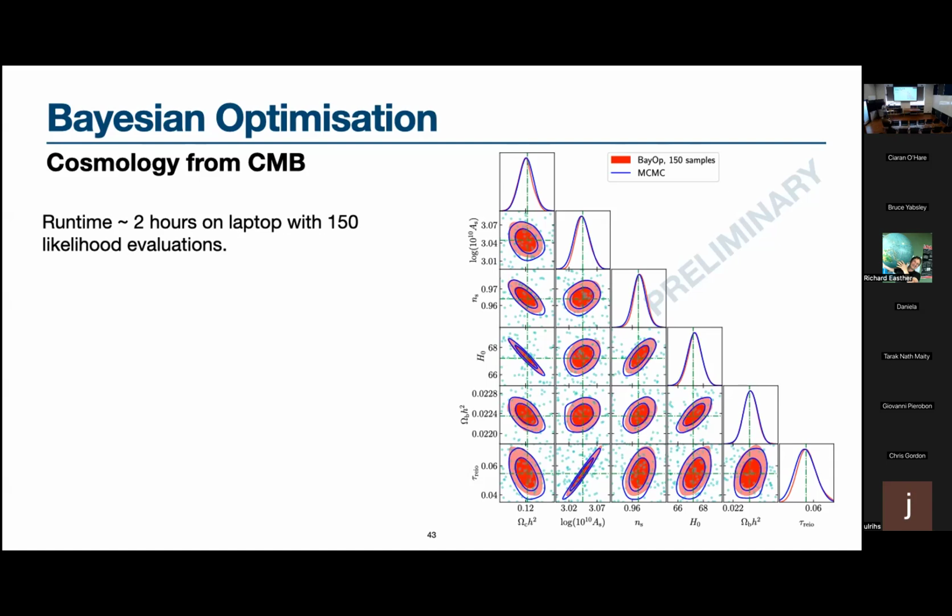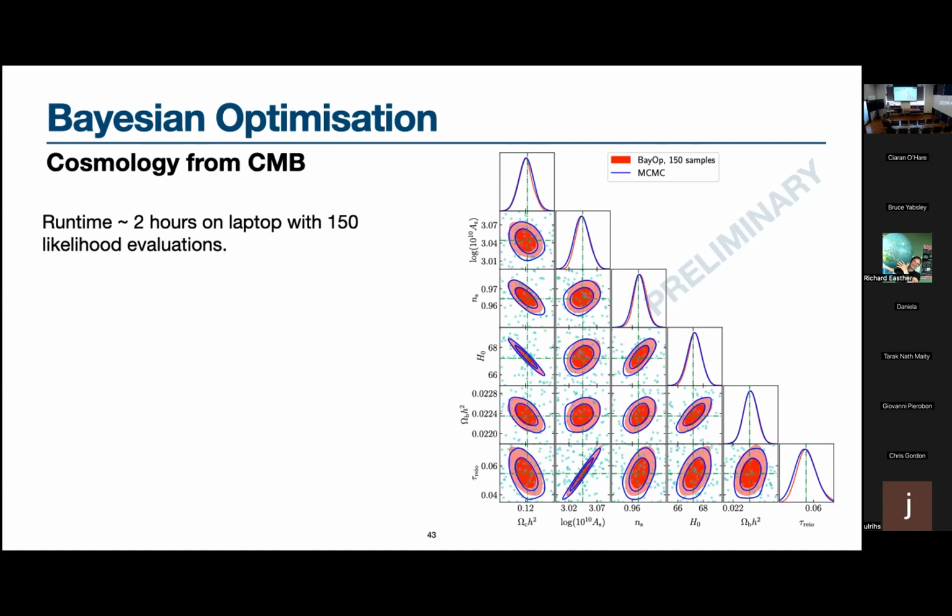And this run, which I did just this week, took about 2 hours on my laptop with about 150 likelihood evaluations. In fact, if you just wanted to get the parameter posteriors, you wouldn't even need to do 150 evaluations. You could easily get away with 100 or 200.